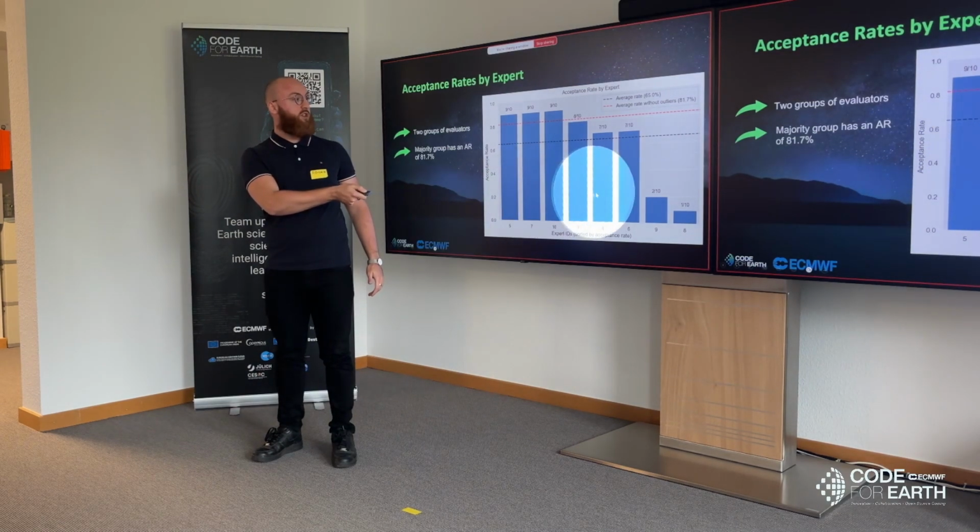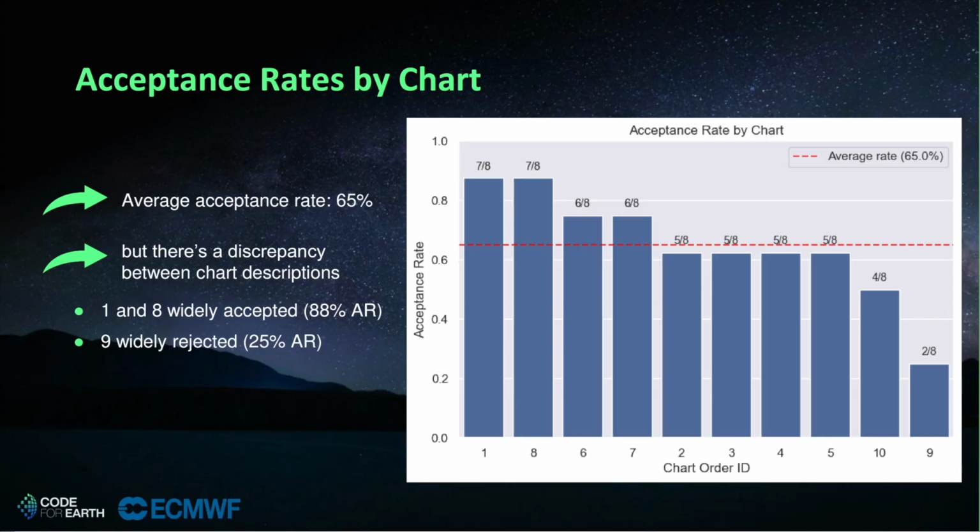So here, what changed with the previous chart is that the x-axis is for the experts. So you see we have two groups. There is the first group of evaluators that was super happy with all the descriptions, and the others, the two others, did not like at all any of the descriptions, essentially.